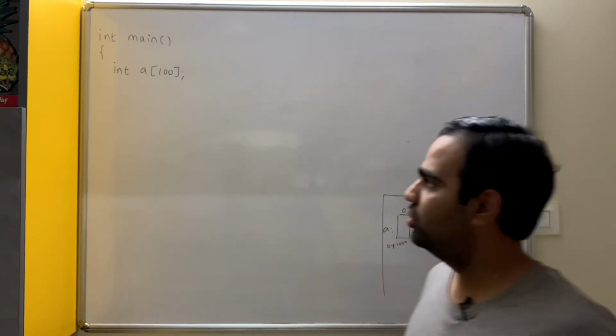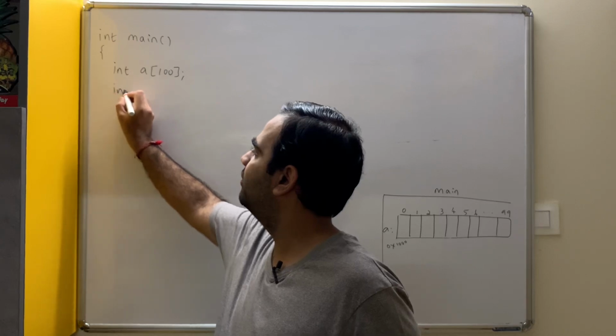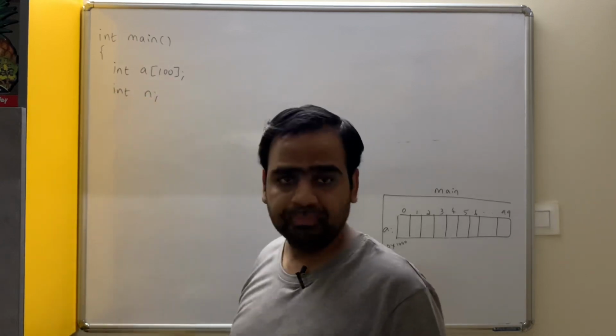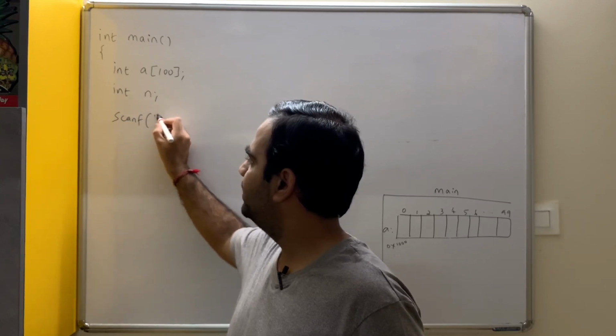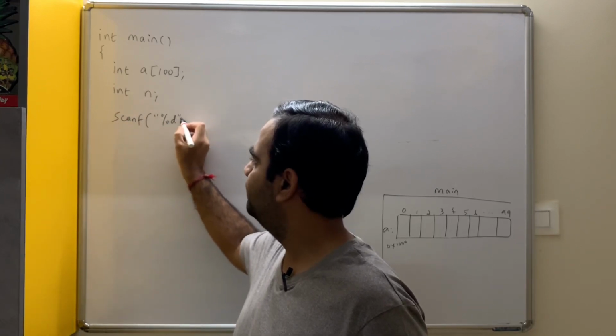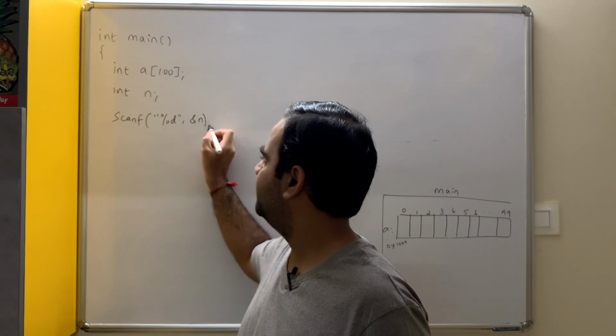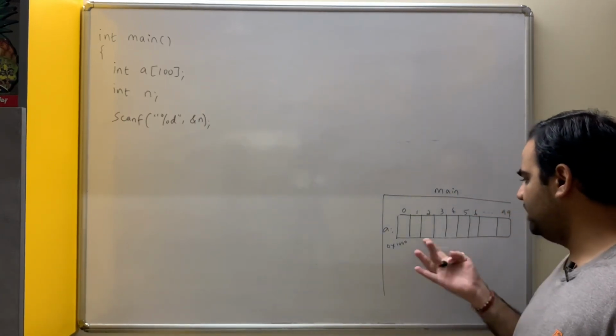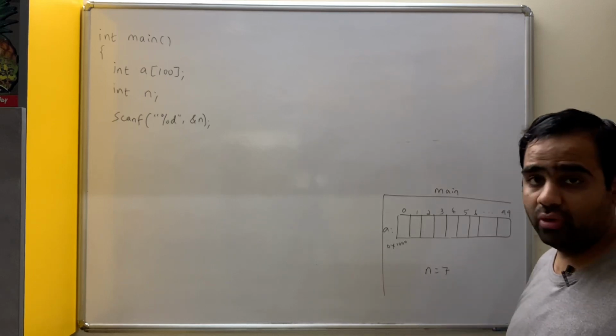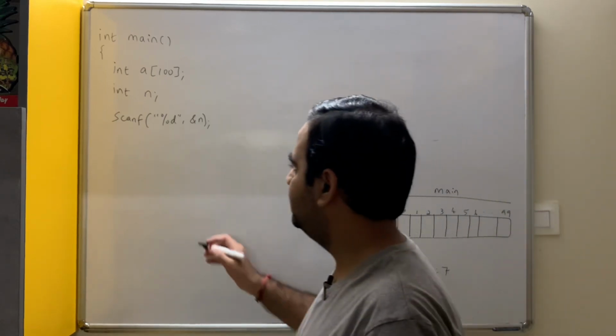We want to store n elements in this array, therefore we say int n, and you read the value of n, scanf %d ampersand n. Now assume that the value of n is 7, that means we want to store the starting 7 elements. And how do we read the array?